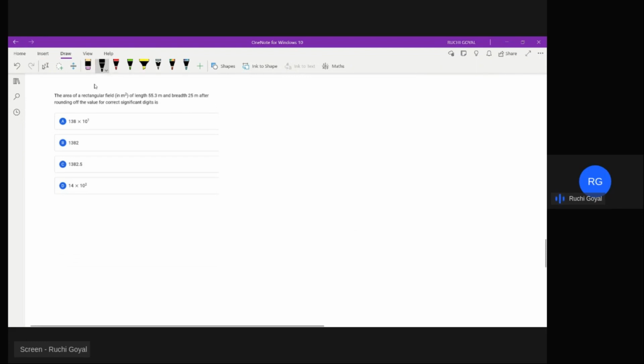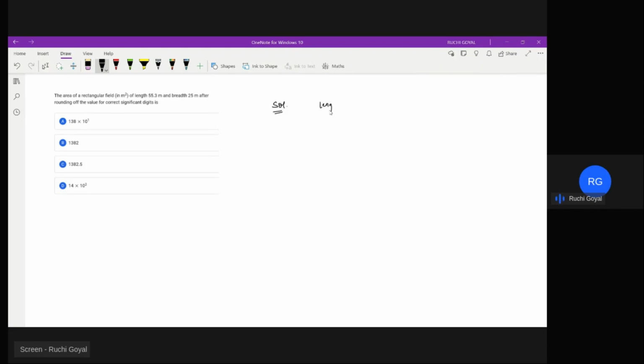See this question. It asks for the area of a rectangular field in meter square, of length 55.3 meter and breadth 25 meter. After rounding off, what is the value with the correct significant digits? What we have to do is find the area of the rectangle.